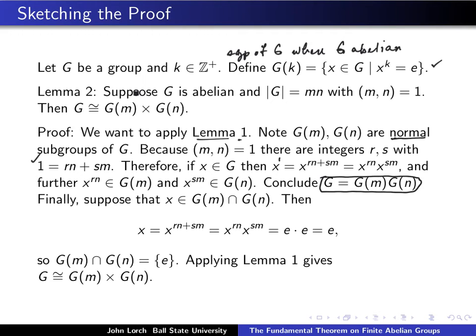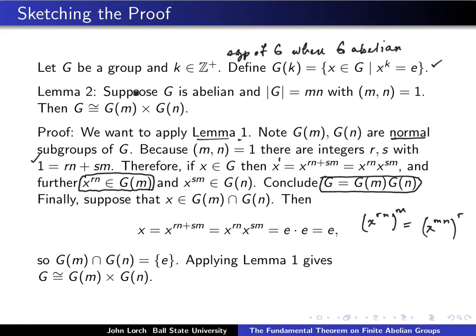So let's take a moment to see if we believe that x to the rn is in G of m. What does that mean? Well, I need to take x to the rn and raise it to the mth power, and my hope is that I get the identity. So I can write that essentially as x to the mn to the rth power.